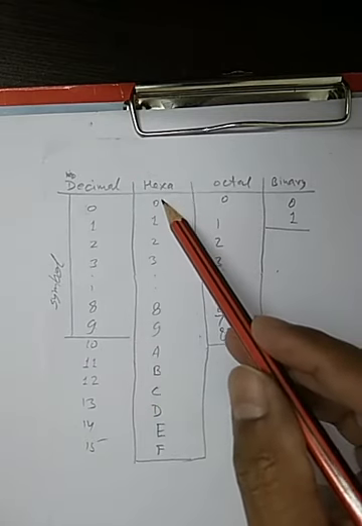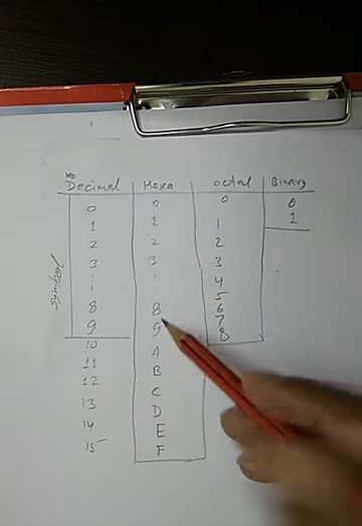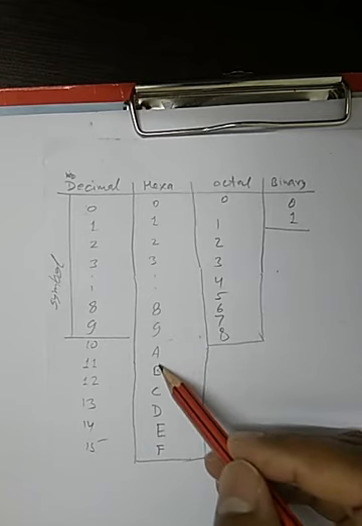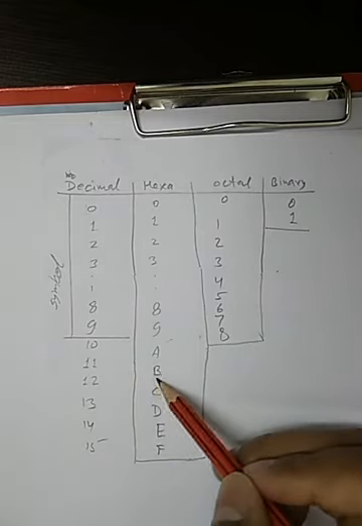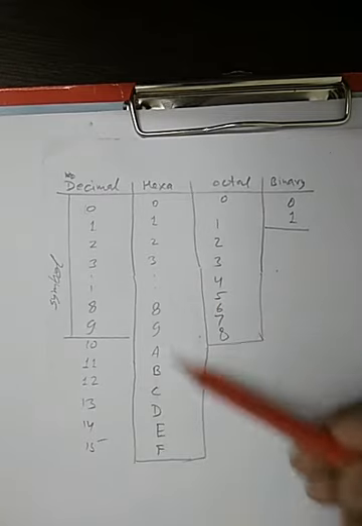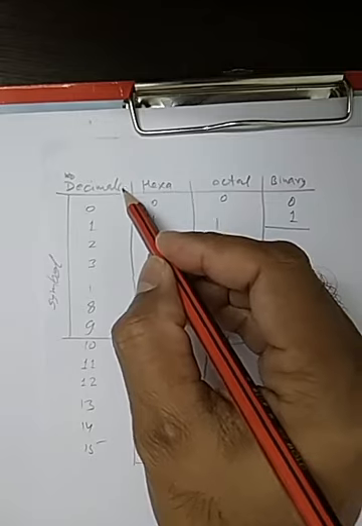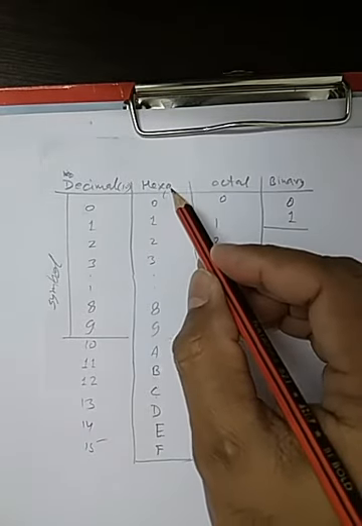Similarly, in the hexadecimal number I will use symbols 0, 1, 2, 3 to 9, and along with these numerals I will use A, B, C, D, E, F, these alphabets to represent respectively 10, 11, 12, 13, 14 and 15. So there are total 16 symbols. So the number of symbols in each number system will be designated by its name only.